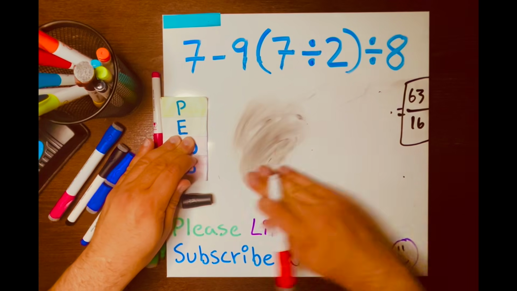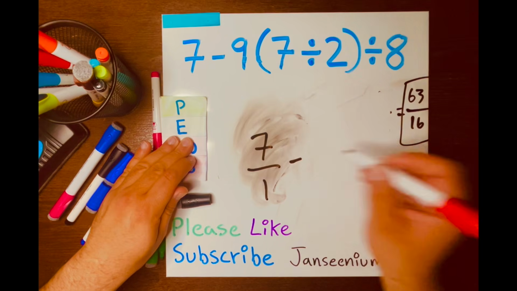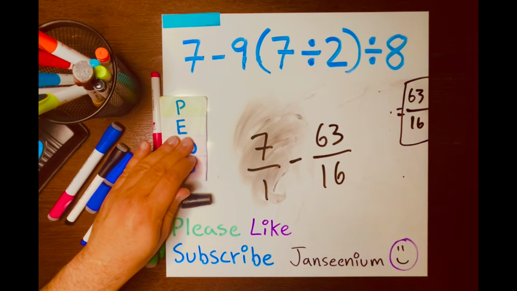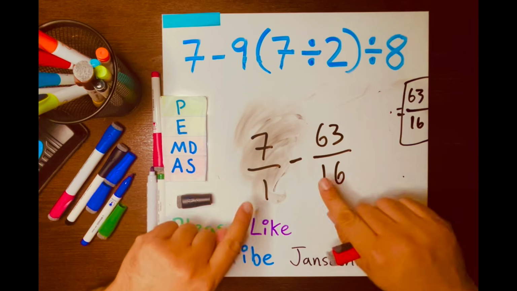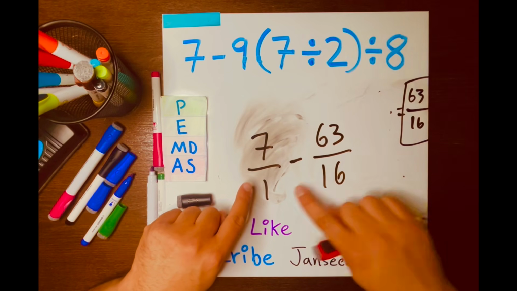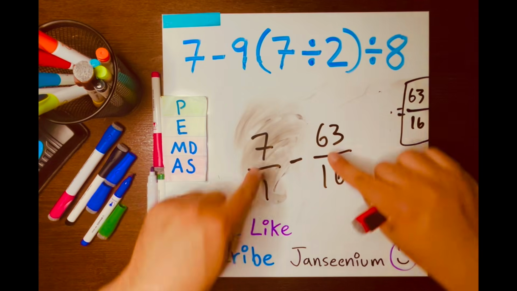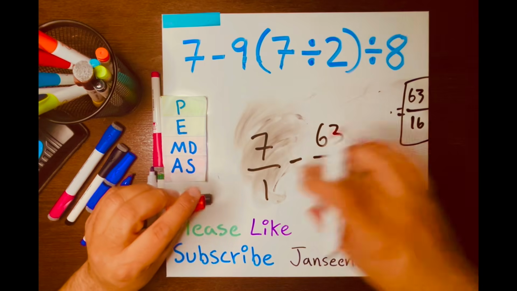Here. 7 over 1 minus 63 over 16. And we're going to use the butterfly method because the denominators are different, and we're subtracting two fractions with different denominators. So we can't just subtract across.